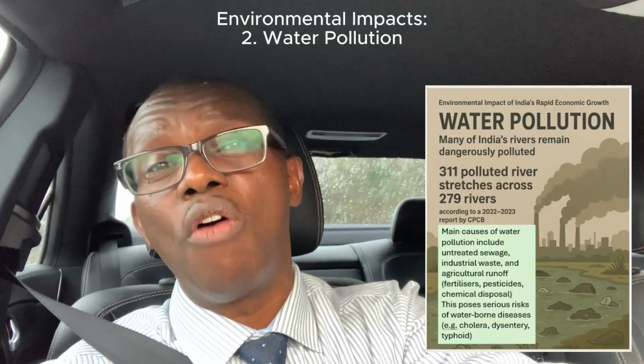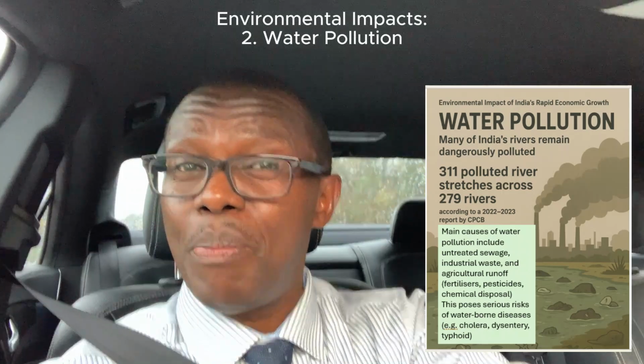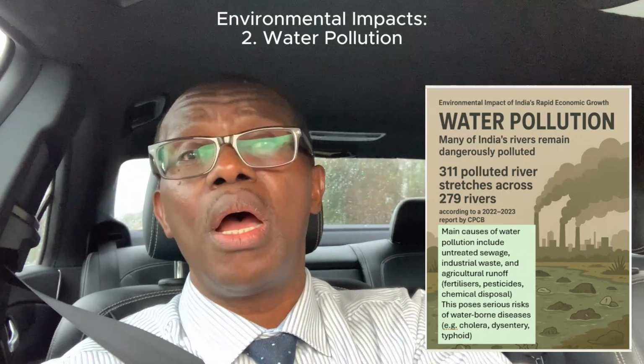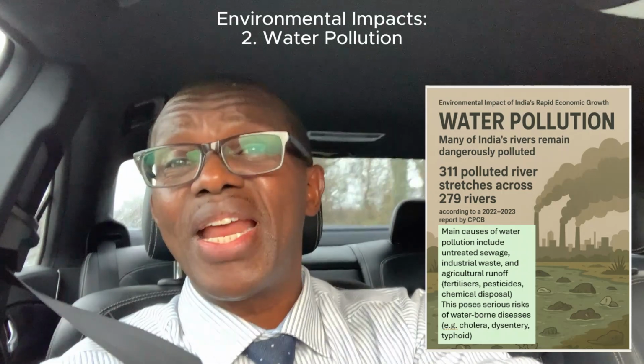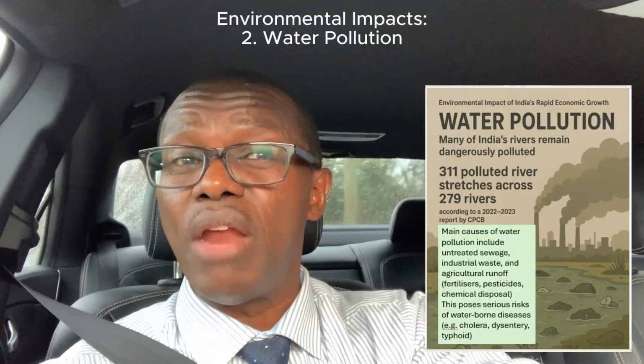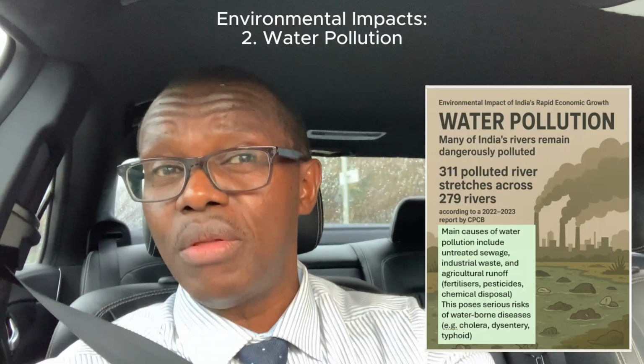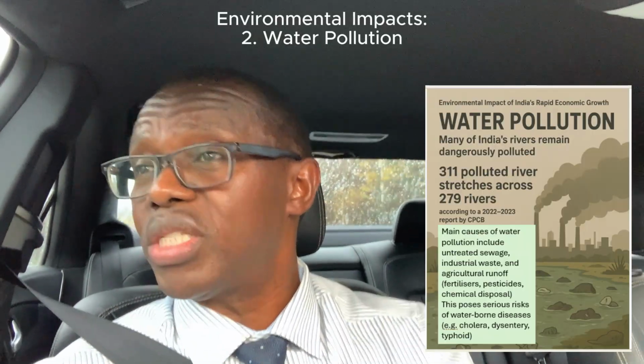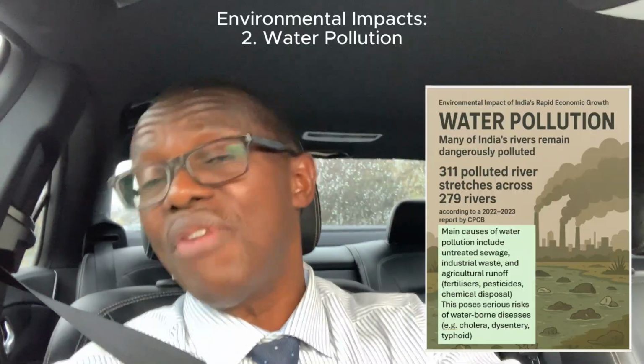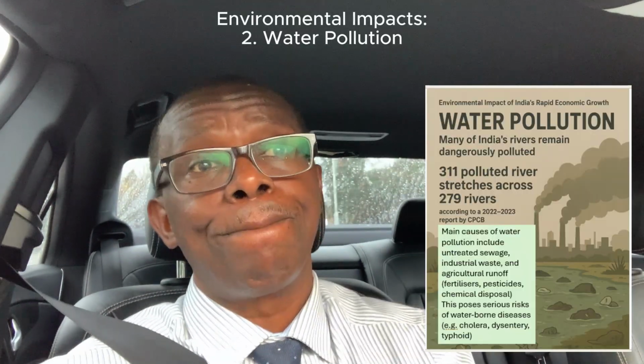So in terms of water pollution, that has gone up in India, and that has implications again for people living in India, because they rely on that water for domestic purposes, for drinking, and even for agriculture, for irrigation.